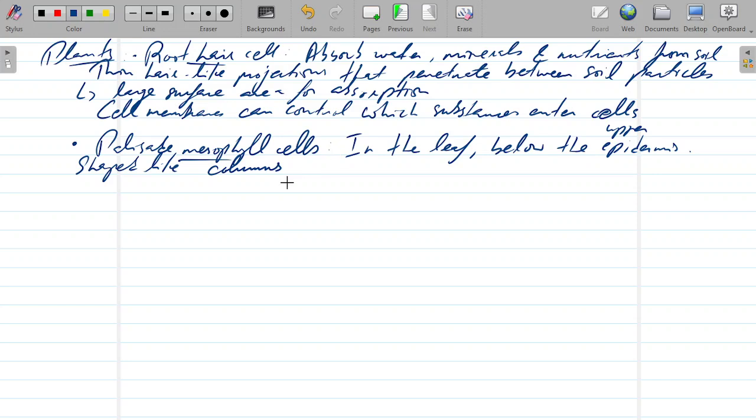And they are packed, so that means they have a lot of chloroplasts, right? And that chloroplast traps energy and carries out photosynthesis. Any questions?